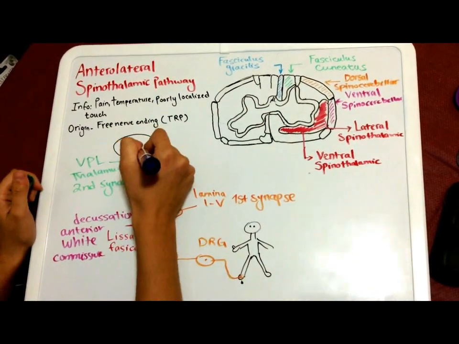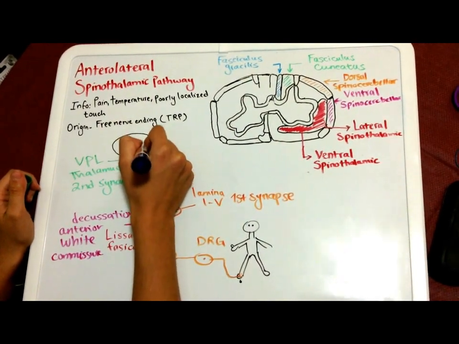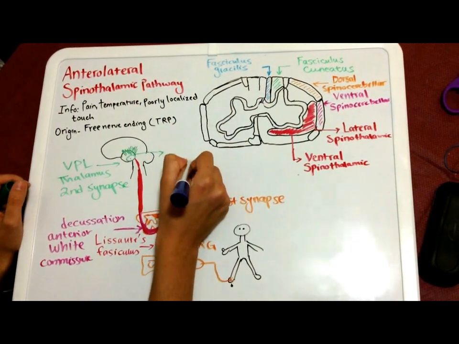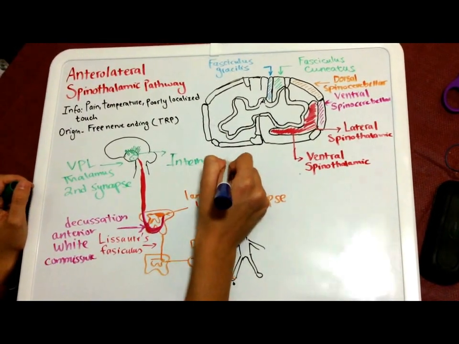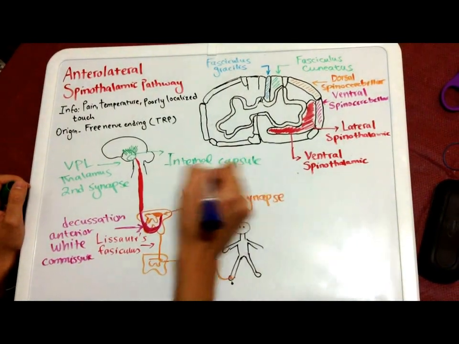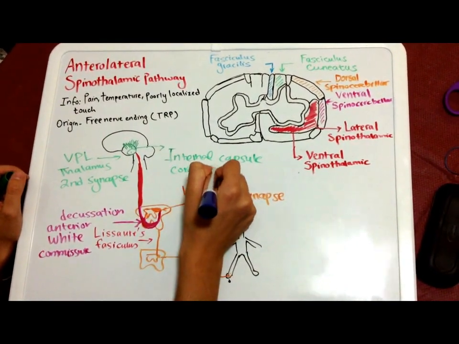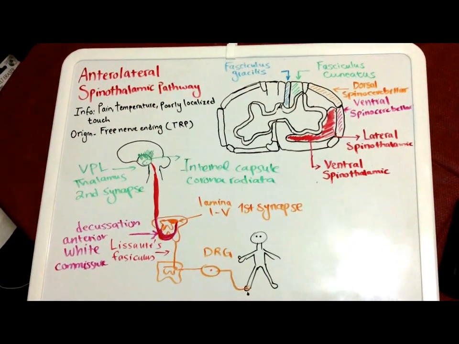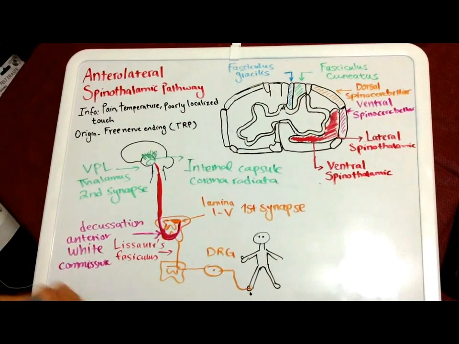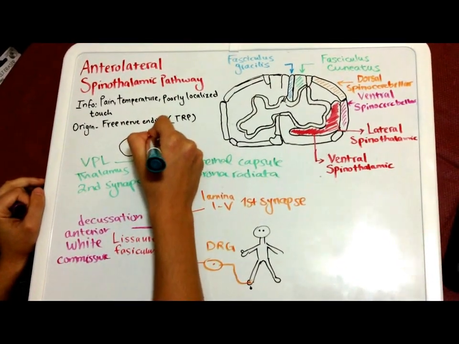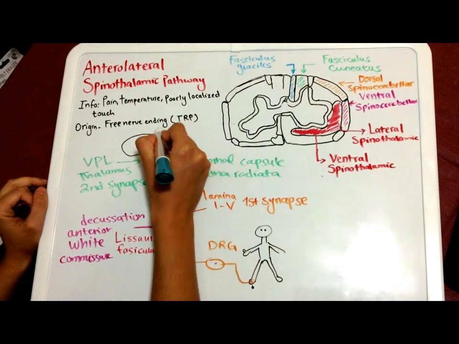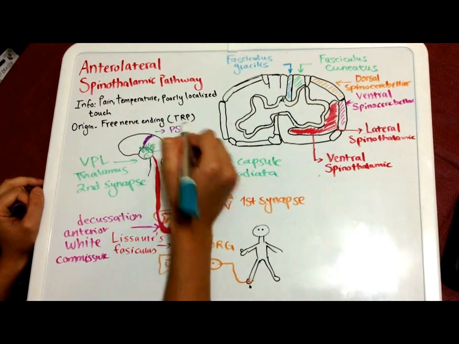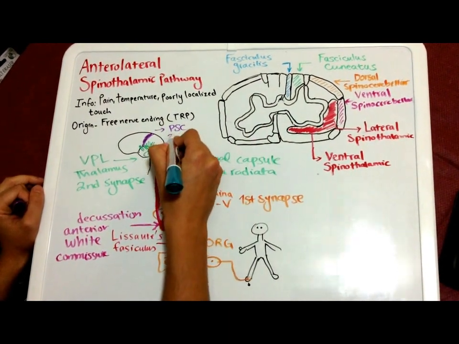After that, it's going to go up via projecting fibers, the internal capsule and corona radiata, to enter your primary somatosensory cortex. And it's going to have its last synapse, or its third synapse, over here in the primary somatosensory cortex.